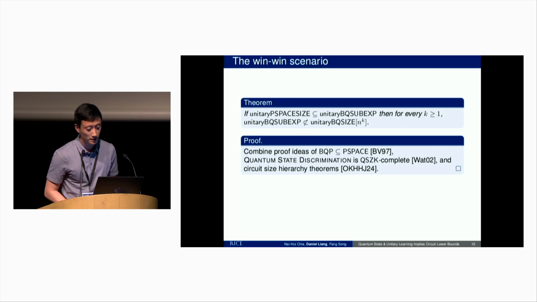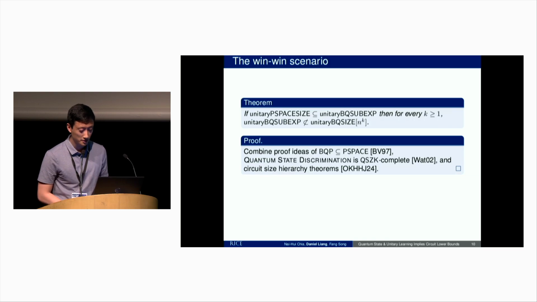4 minutes, okay. So basically, just to give a very brief idea of what the proof is, unfortunately it's more complexity theory than it is learning theory, but we set up a win-win scenario. That's why we have one of two conditions in our results.